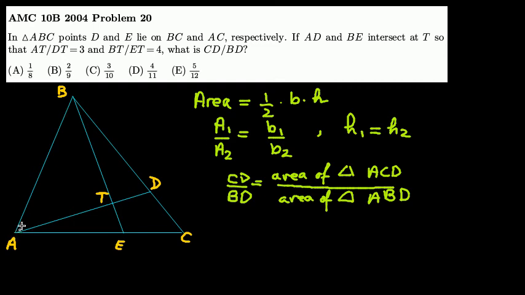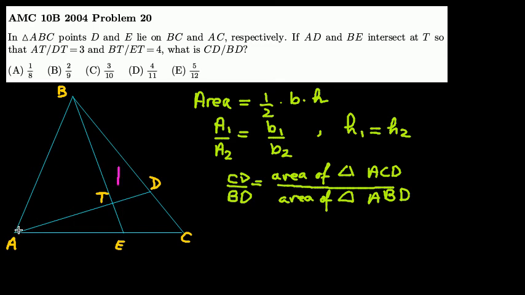So now let's look at triangle ABD. It's composed of two triangles, ABT and BTD, so let's try to find the areas of each of these triangles. Because the answer is not going to depend on the size of the triangle, we can assume that the area of triangle BDT is equal to 1.